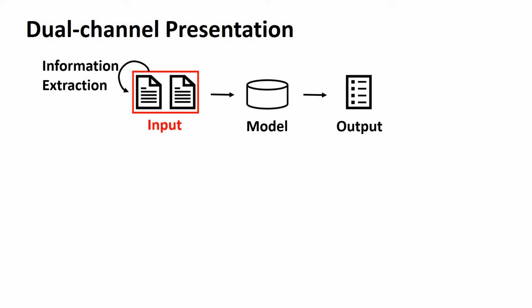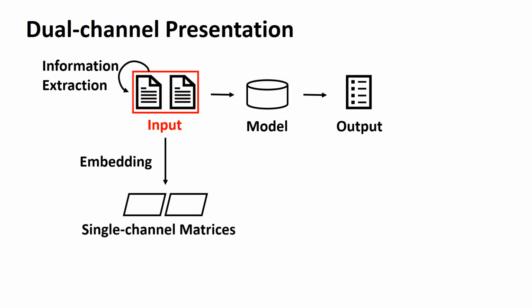In order to determine whether two bug reports are duplicate or non-duplicate, a common idea is to take two bug reports as input, then build a model and finally output the results. In order to use the bug reports described in natural language as the input of the determination model, our first step is to embed the words into word vectors.